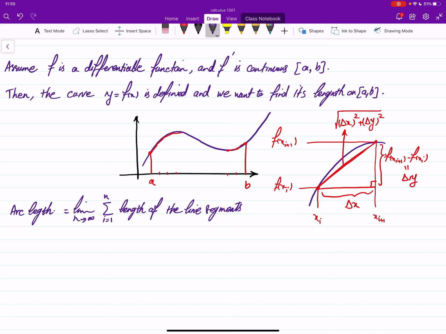So let me rewrite this part. We are looking for this sum.